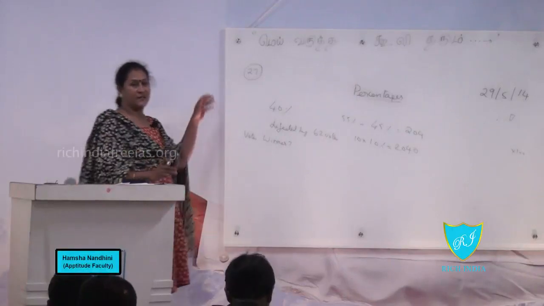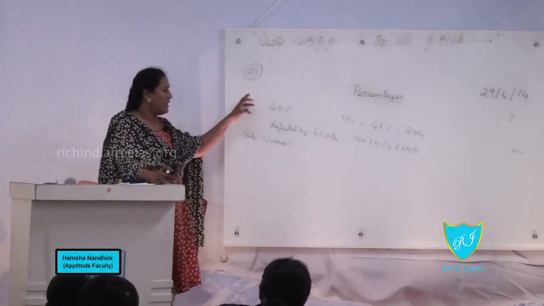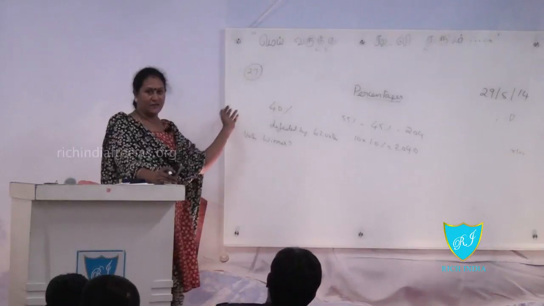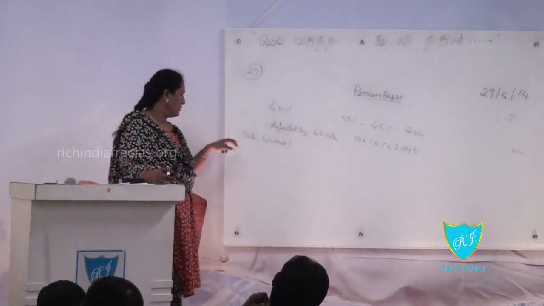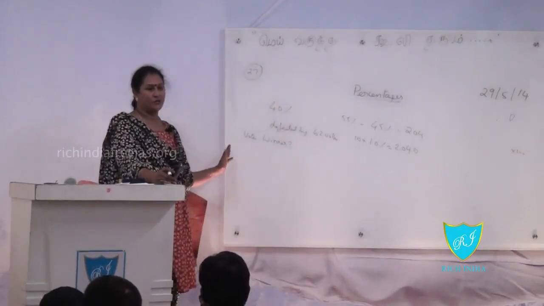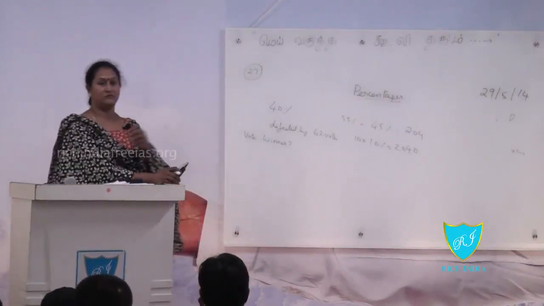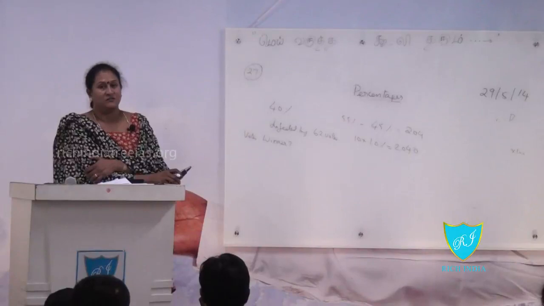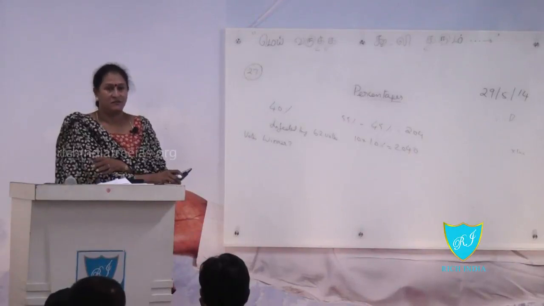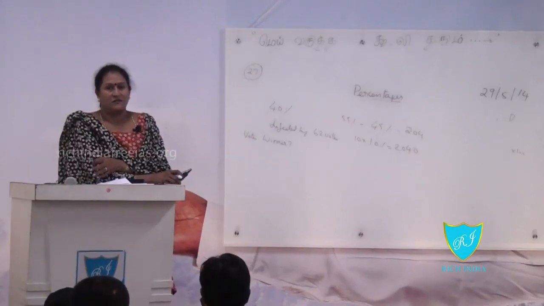So a person is getting 40% of the votes and is defeated by another person by 62 votes. What is the number of votes got by the winner?